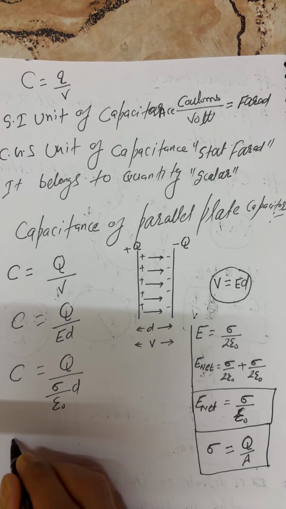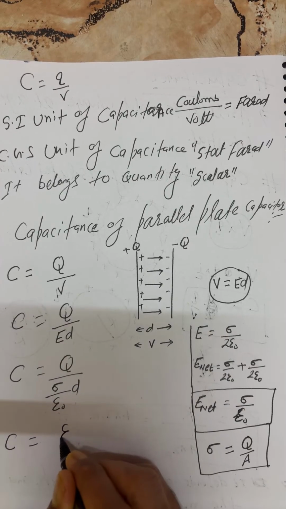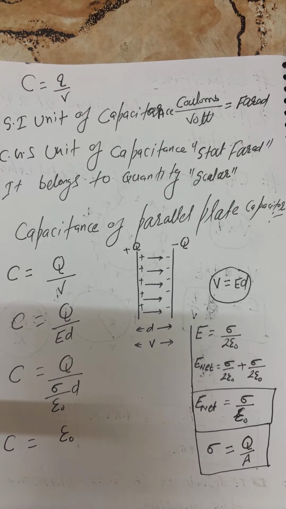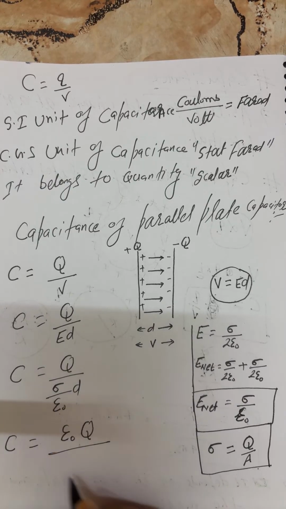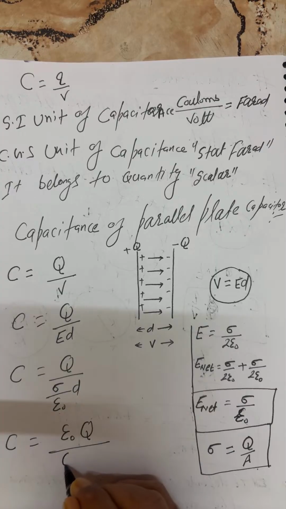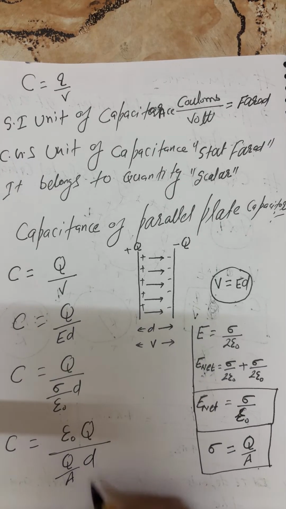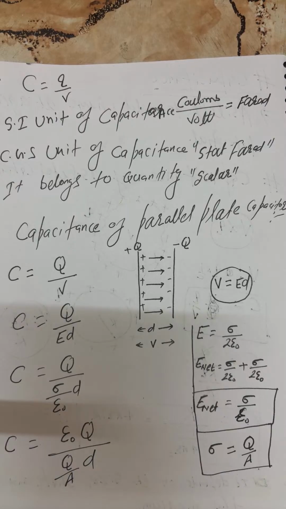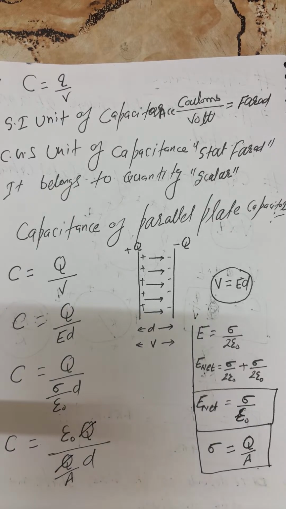So C is equal to epsilon naught into Q, and sigma is charge per unit area, so Q and Q cancel.